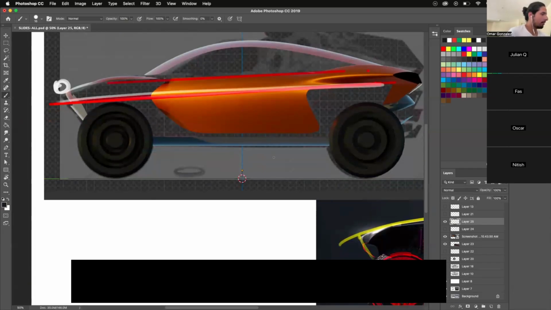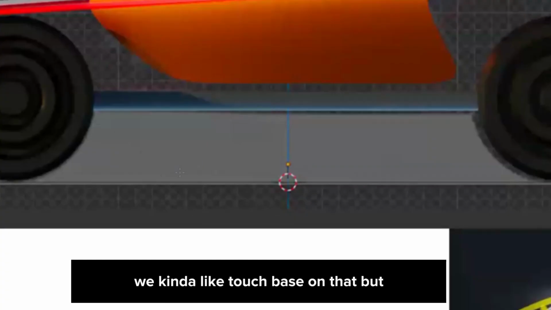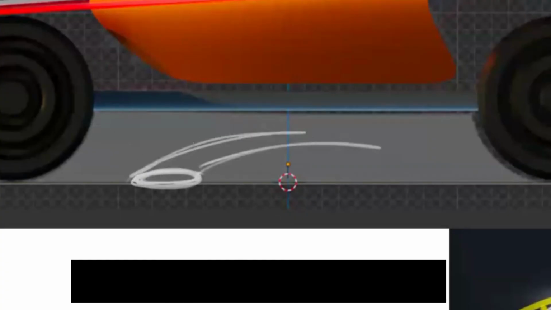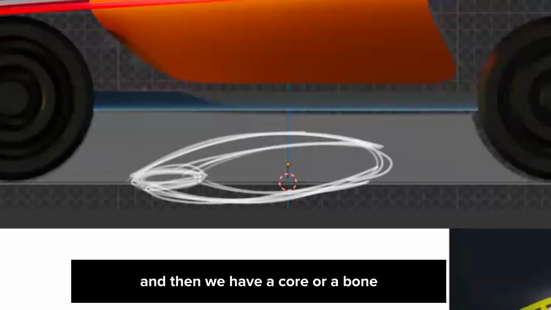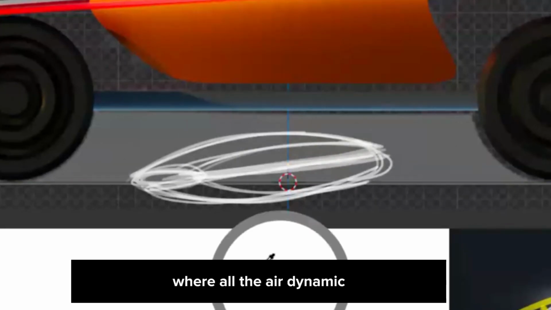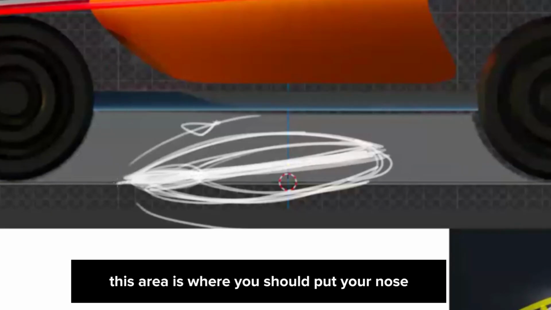I mean, we kind of touched base on that, but like that, right? And then we have a core or a bone where all the aerodynamic goes, right? So, and technically this area is where you should put your nose.